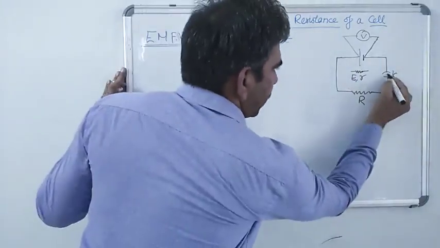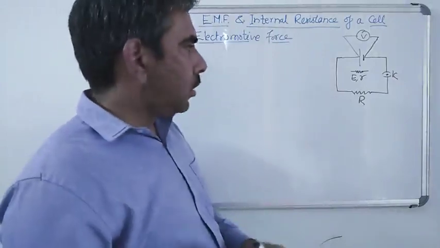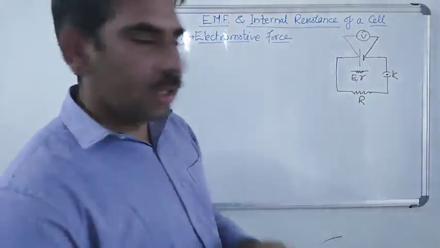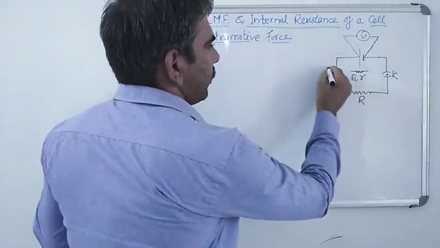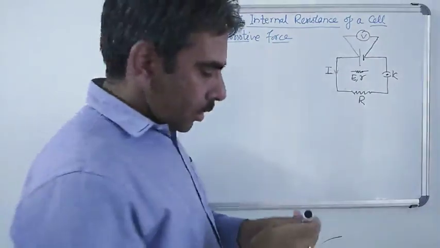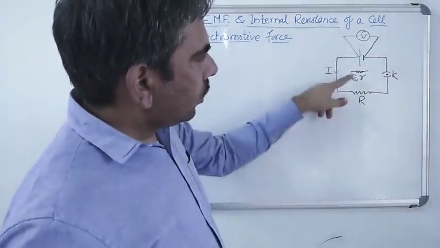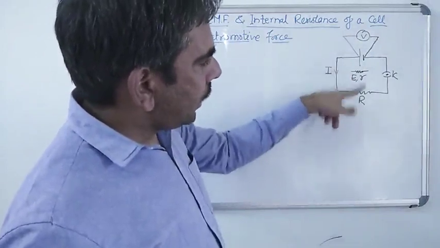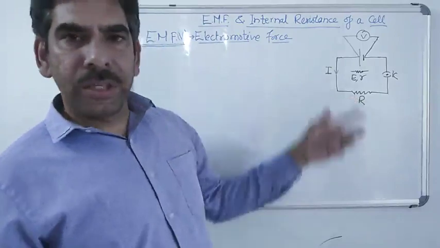Now we plug in the key, or we can say we have closed the circuit. Now current starts flowing through this circuit, of some value, for example I, depending upon the resistance of the circuit. Whenever this is the situation, the internal resistance of the cell and this external resistance are in series with each other.